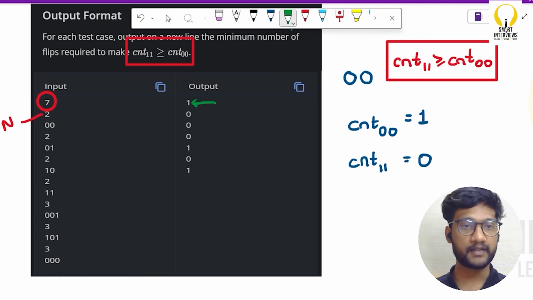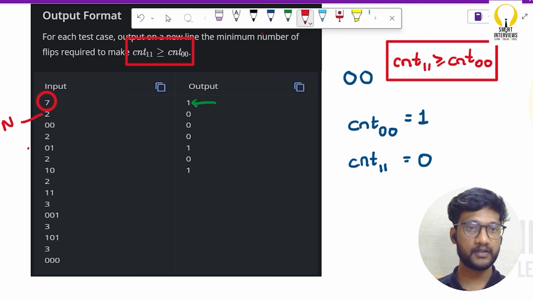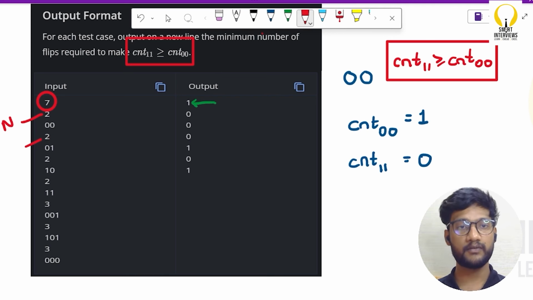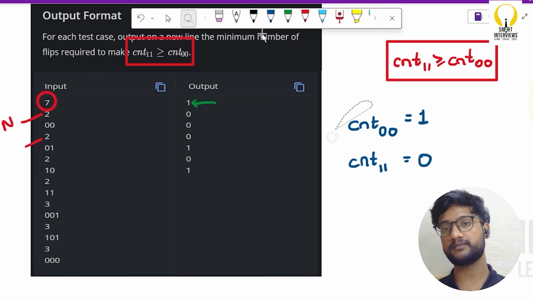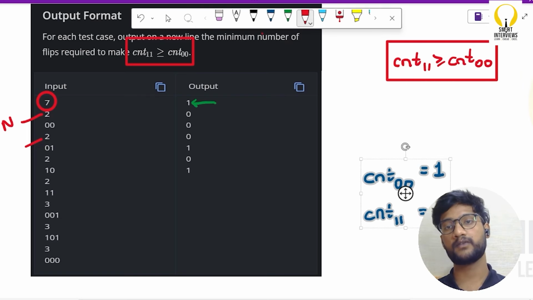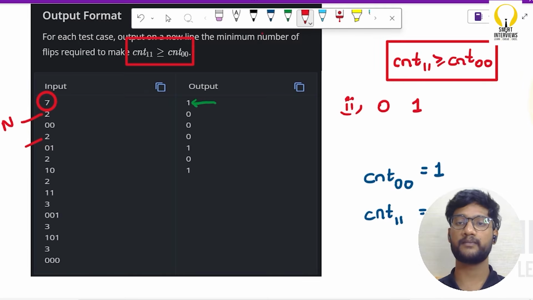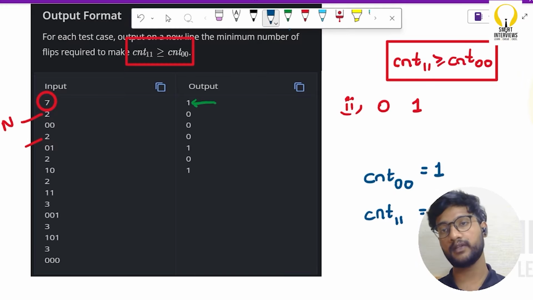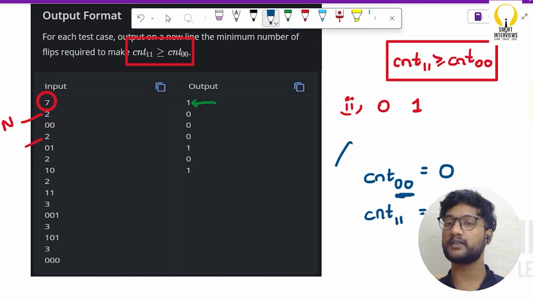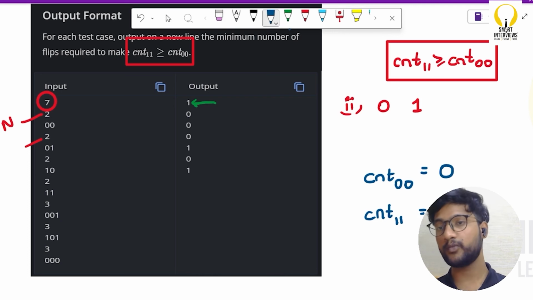If you take the second test case, you have 0 and 1. Now what you will do, guys, the count of 00 is 0 and the count of 11 is also 0, because we don't have 00 or 11 as a substring in S. So both are equal, right?